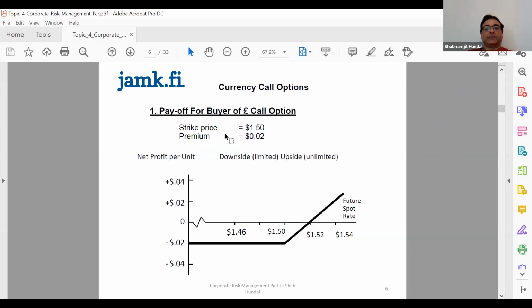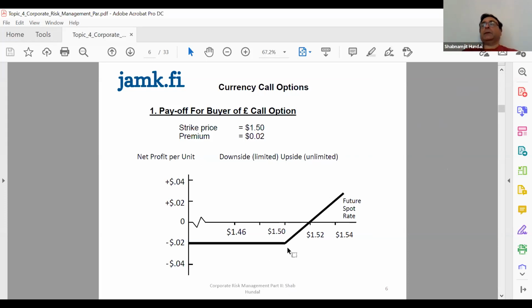This picture, I call as a payoff. Payoff means how much you gain, how much you lose. This is for the buyer of call option. Buyer of the pound call option, because in this example we took pound, British pound here. So this is for the buyer, the one who buys.